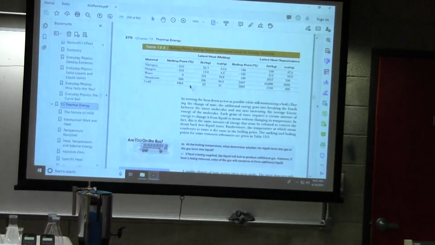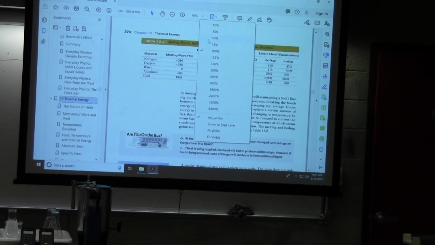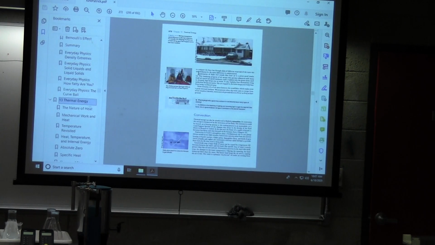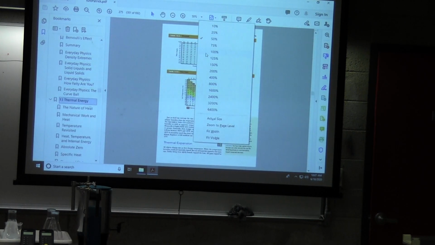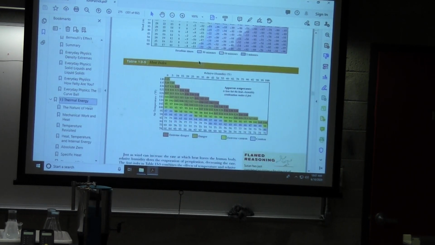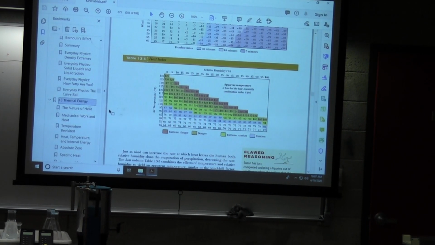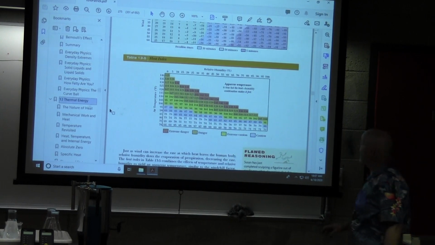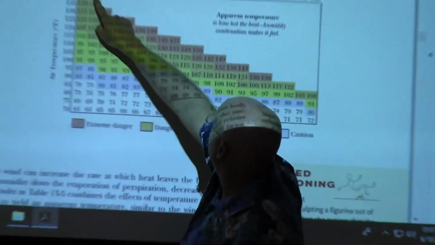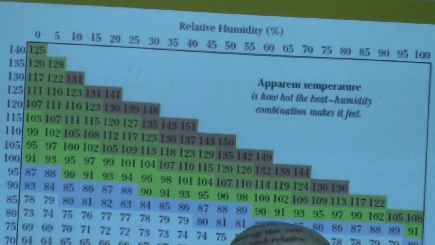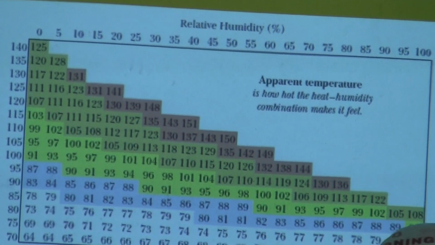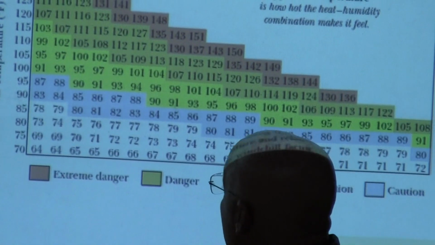Your author does a really good job at showing you that if you were in a different environment, somewhere that is not Santa Barbara, you might come across what we call a heat index. Because as you look across this graph that shows the relative humidity and the air temperature, let me just pick on 85 degrees.